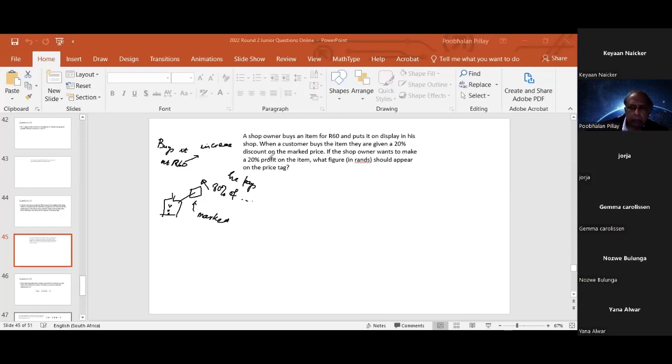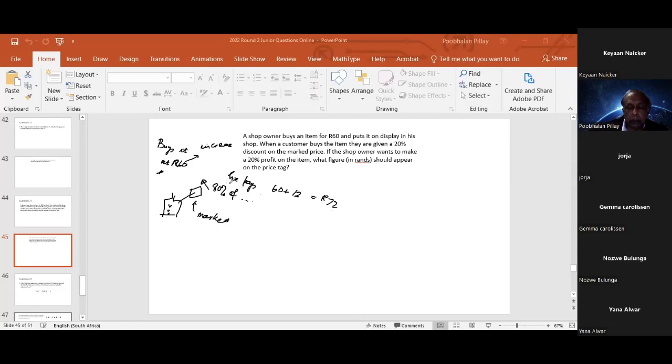Anyway, let's make a profit of 20%. So if you've got 60 rands and you make a profit of 20%, 20% of that is 1/5. 1/5 of 60 is 12, so whatever he pays is going to be 60 plus 1/5, because the shopkeeper wants to make a 20% profit. So he collects 72 rands from this customer. And now he knows he's got his 20% profit.